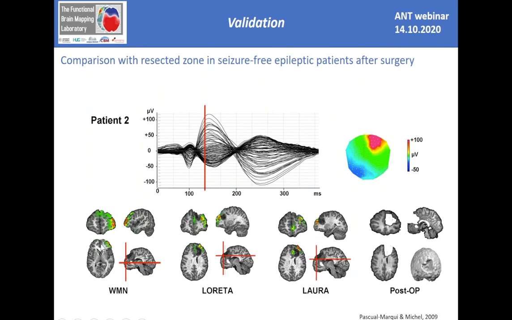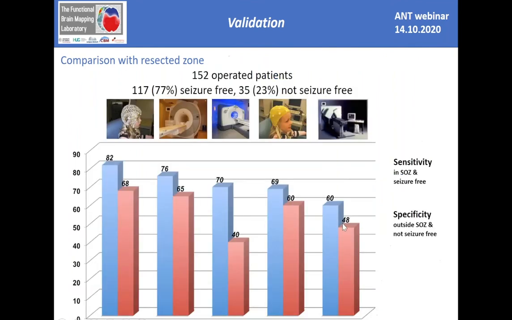So you can use different methods and compare to the ground truth surgery location. And this was done in a lot of patients here by Brodbeck and colleagues. And what they could show is that the sensitivity is the highest for high density EEG. It's even higher than for MRI, PET, or low density ESI or SPECT, right? That's already quite encouraging.